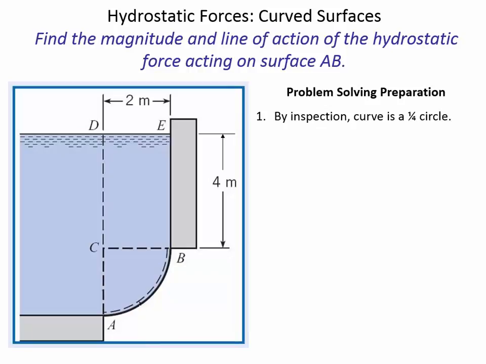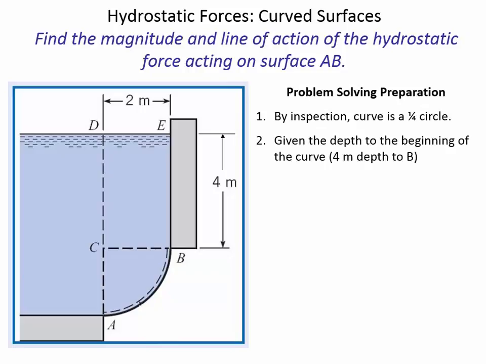Even though it doesn't say it directly, what you should be able to see in this drawing is that if you follow this radius down, once you get to A, the distance CA is 2 meters. So location A is 6 meters under the water surface, because it's 4 meters from this beginning edge B to the water surface, and then an additional 2 vertically down to A.